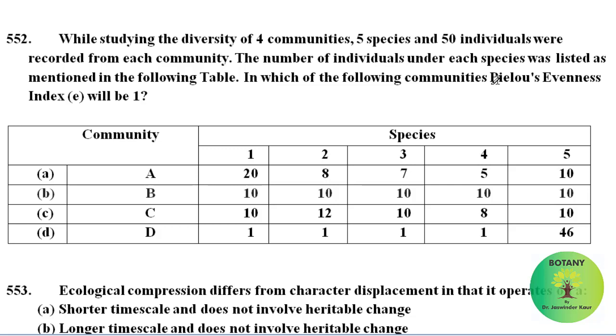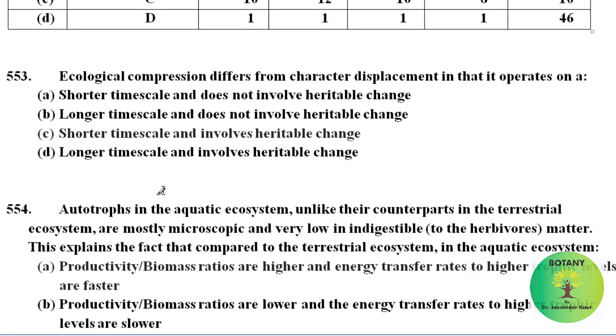In which of the following communities will Pielou's evenness index, that is E, be 1? Here in community B, where the number of individuals of the 5 species are 10, 10, 10, 10 and 10, that is they are evenly distributed, Pielou's evenness index will be 1 when we calculate this.